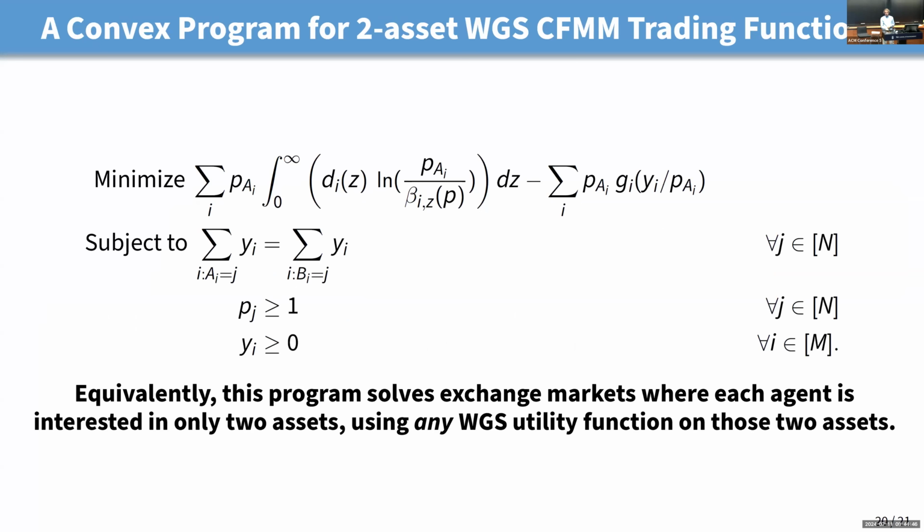Equivalently, this program solves the case of Arrow-Debreu exchange markets where there are many different assets, but every agent has utility only for two, subject again to certain regularity conditions. This is a class of utility functions that seems less studied in the literature relative to how often it shows up in practice, and it's one example of a special case that's particularly tractable to analyze.